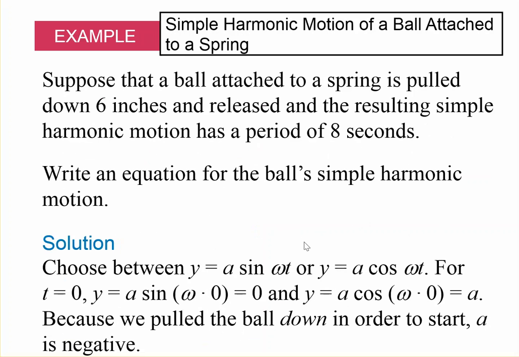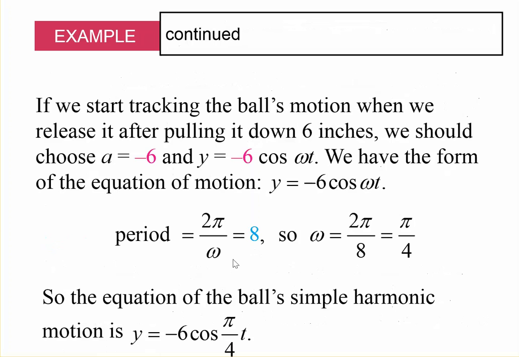Let me just go back up real quickly here. We chose a negative for the 8 because it was down on the bottom as opposed to a positive, and cosine is the best one to use at this point. Whenever something is starting at a low position, we just use cosine, because cosine is going to nicely show you that.